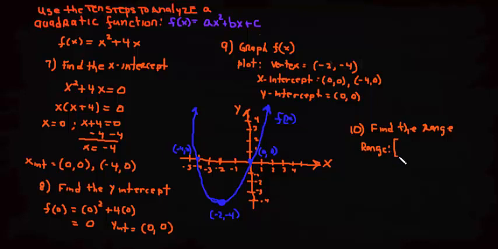For this type of function, because a is greater than 0, the y component goes to +infinity. So the range in this case, your solution here, is going to be from -4 to +infinity.